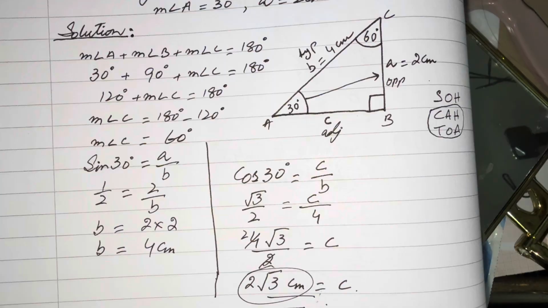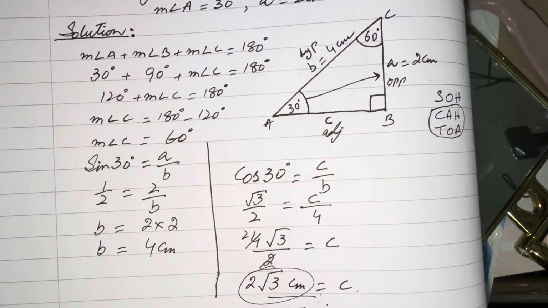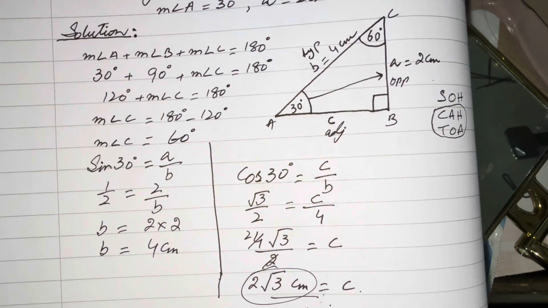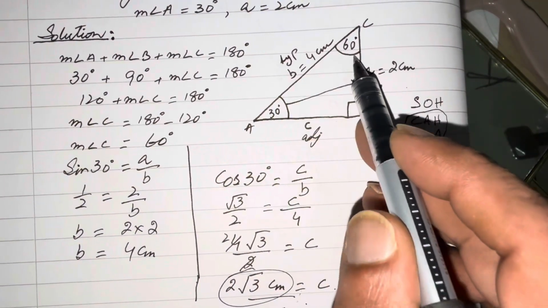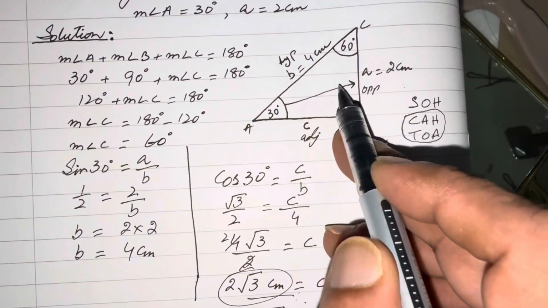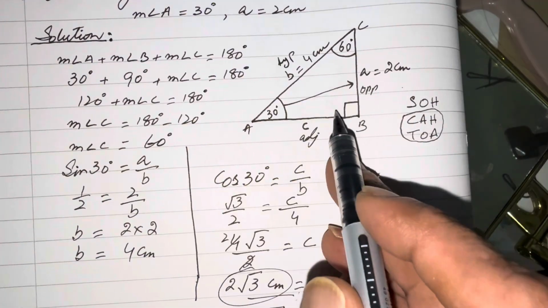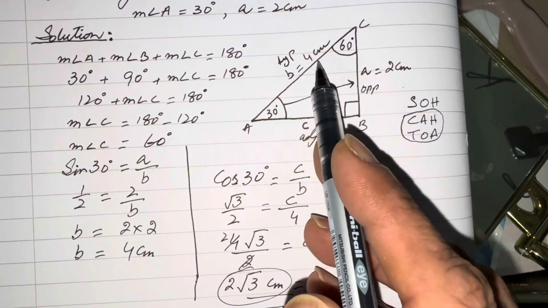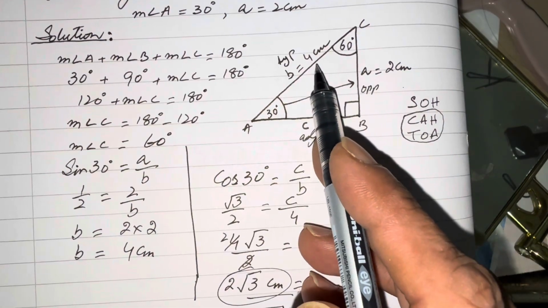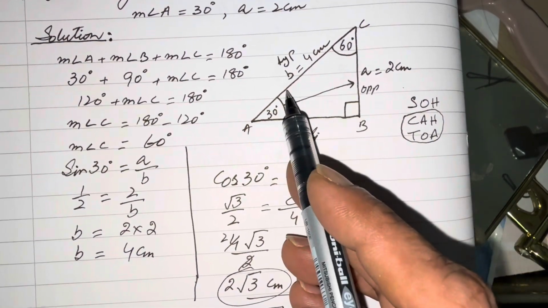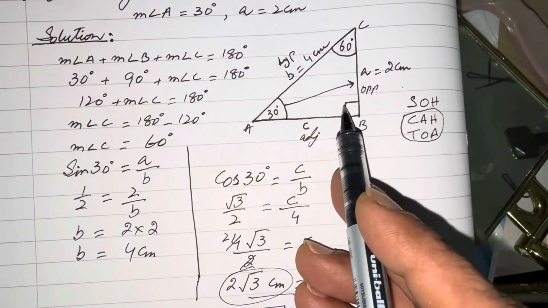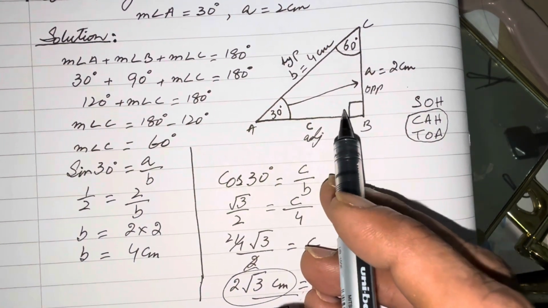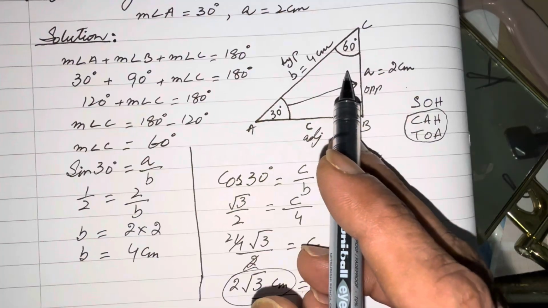Regarding the solution of a triangle, I have already told you that there are 3 angles and 3 sides of a triangle. So if we find the lengths of all 3 sides and all 3 angles, that means we have found the solution of the triangle.